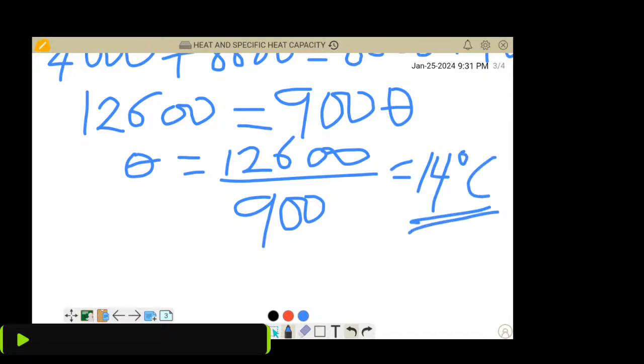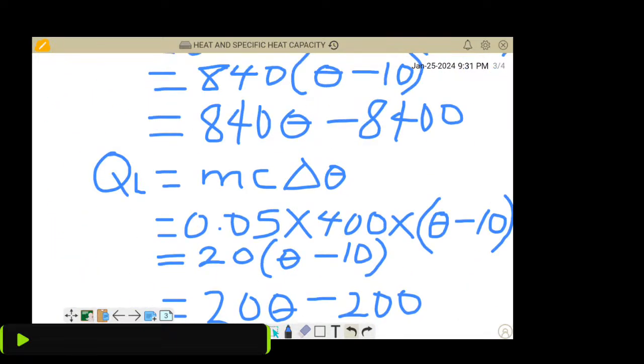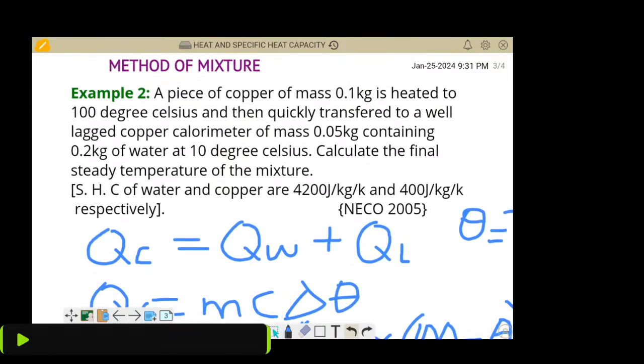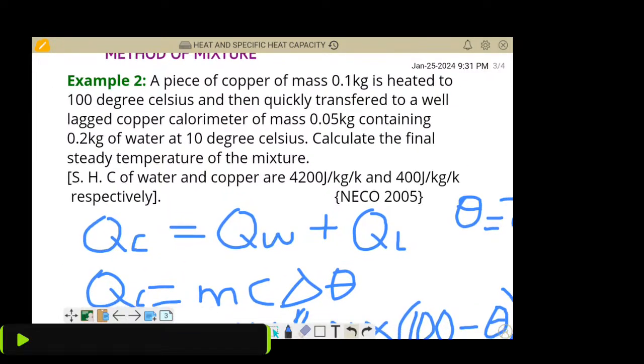Now what we've done so far, let's quickly run through it from the beginning. In the question, we're given data transfer to a copper calorimeter of mass 0.05 kilogram containing 0.2 kilogram of water at 10 degrees Celsius.